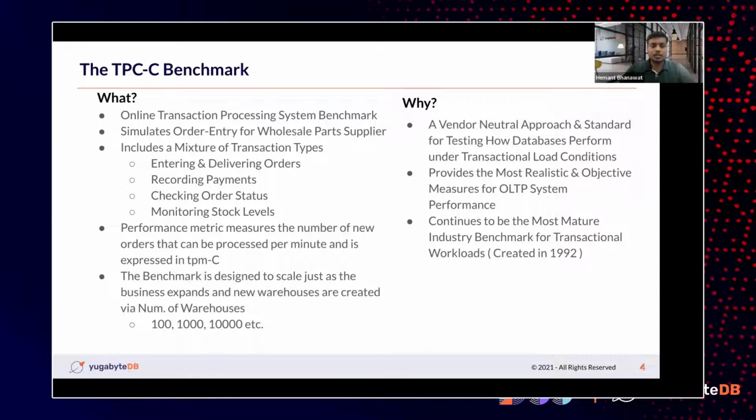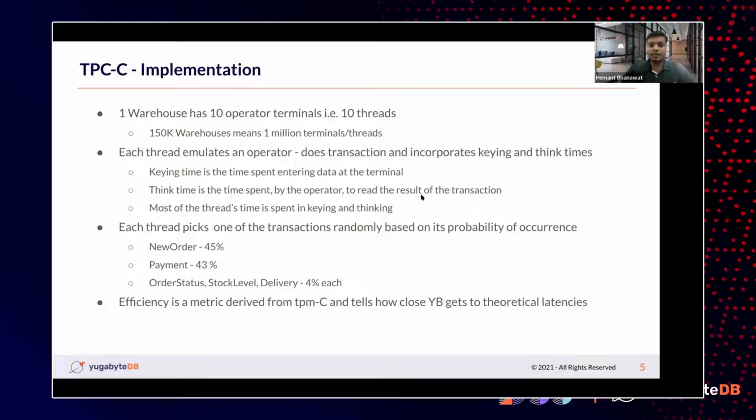So that's about the TPC-C benchmark. Let's quickly talk about how this has been implemented. In TPC-C, for every warehouse, we have 10 operators who are doing the data entries, which effectively means that we have 10 different threads doing these requests simultaneously. So if we are simulating a 150K warehouse setup, we have about 1.5 million terminals and threads.